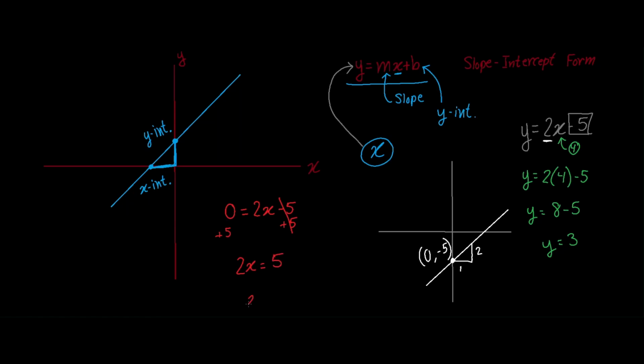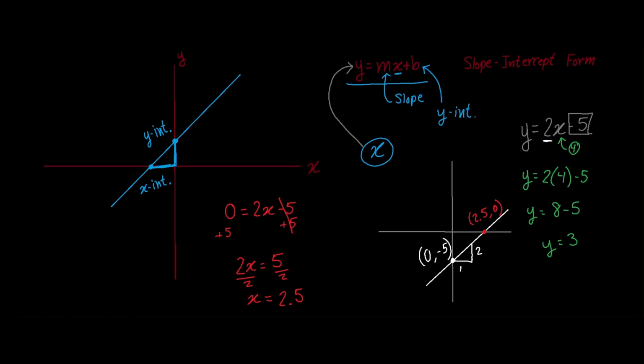And if you divide both sides by 2, you would get the x for the x-intercept would equal 5 halves or 2.5. So that's this point right here. That's the x-intercept (2.5, 0).